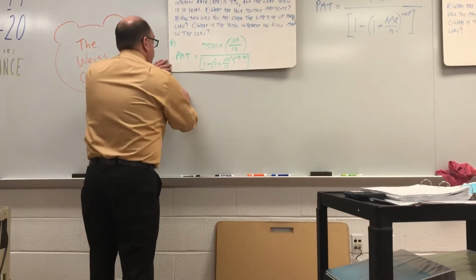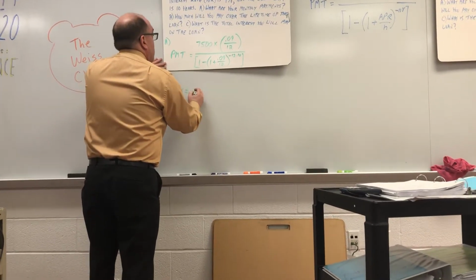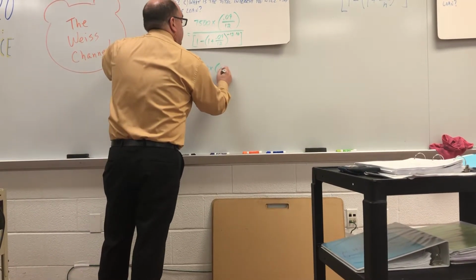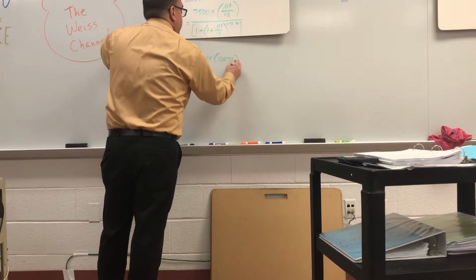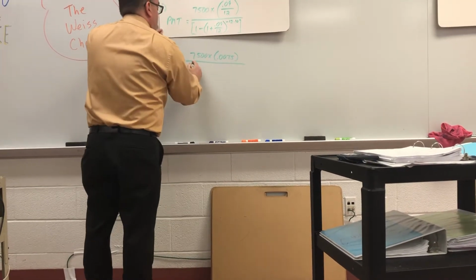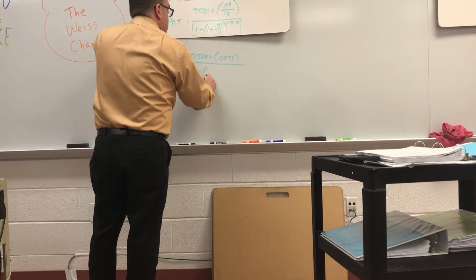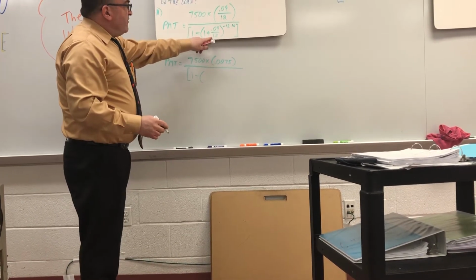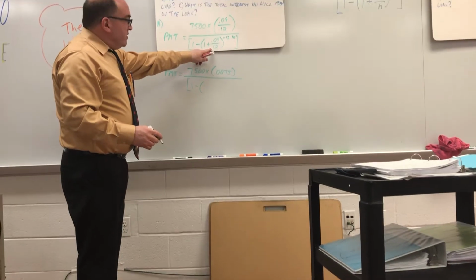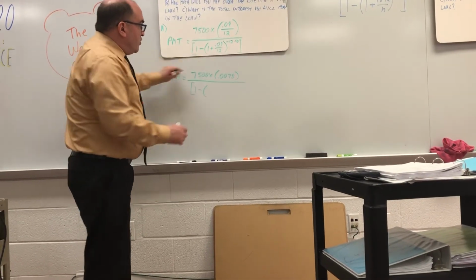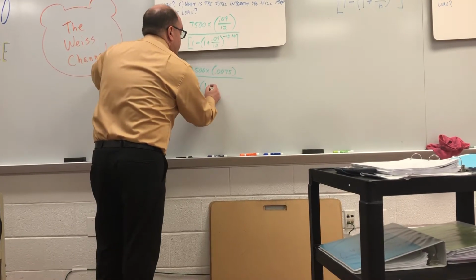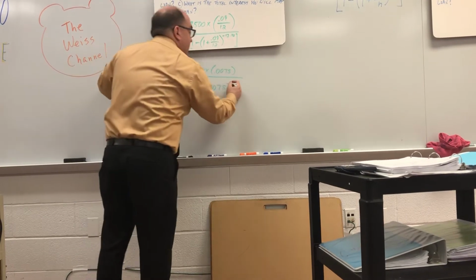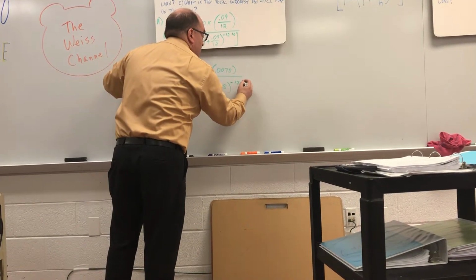So I'm going to do 7,500 times 0.0075 over 1 minus, now, since 0.09 divided by 12 is 0.0075, I'm just going to do 1.0075 to the negative 120th power.